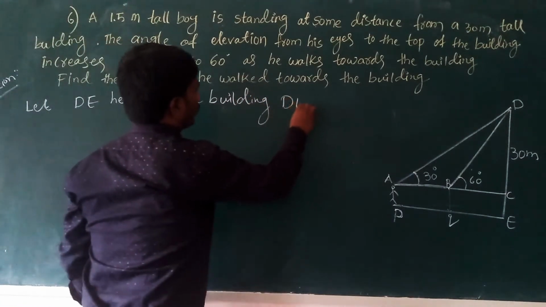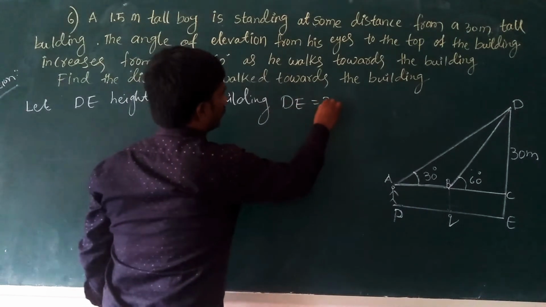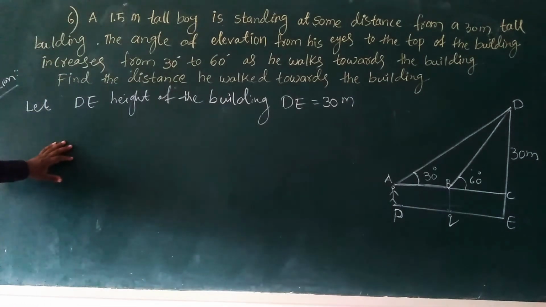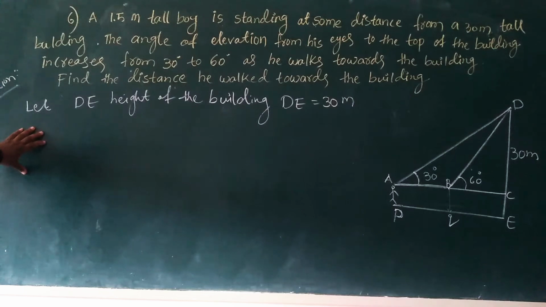So DE is equal to how much? Total 30 meters. DE is the height of the building, so DE is equal to 30 meters.